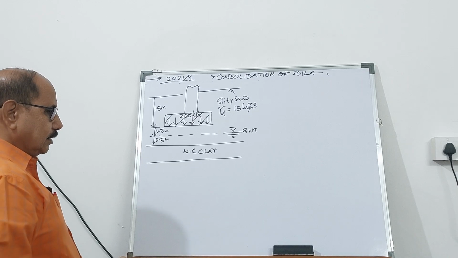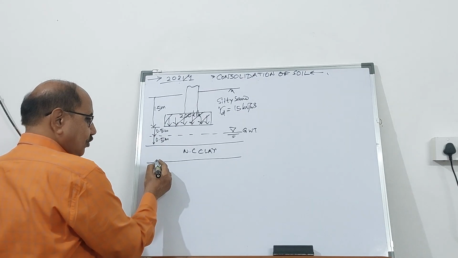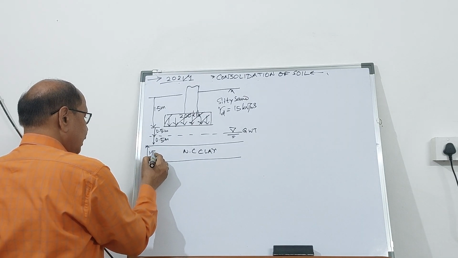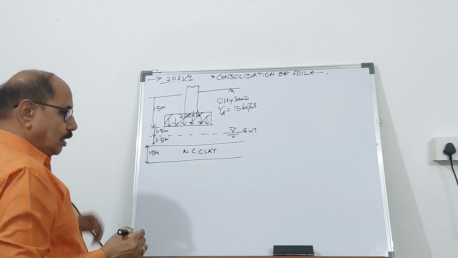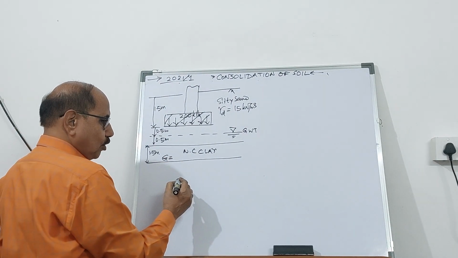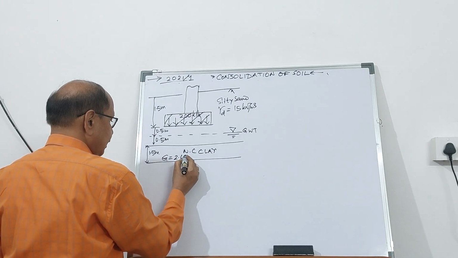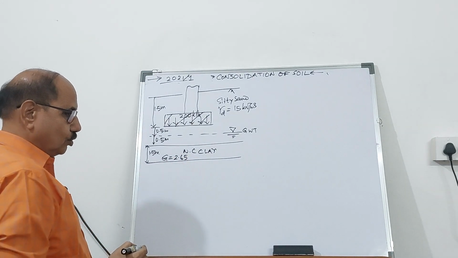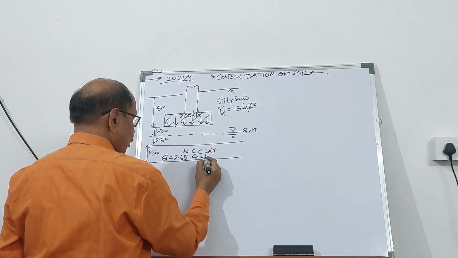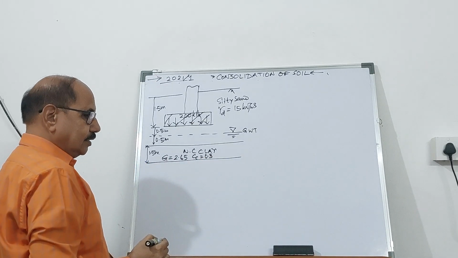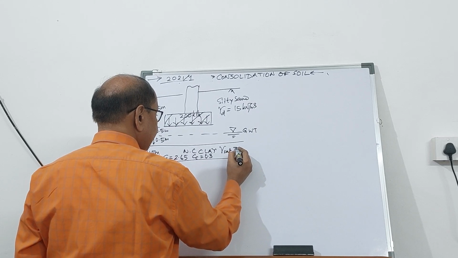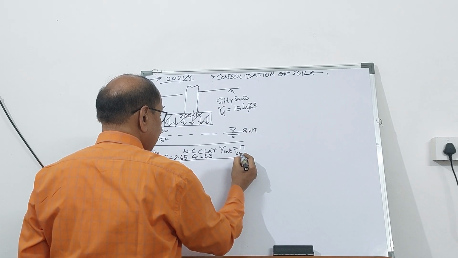and this depth of this clay layer is 1.5 meter, and G is given to you as 2.65. So specific gravity is known to us, and the compression index is 0.3, and gamma saturated, the saturated unit weight is 17 kilonewton per cubic meter.